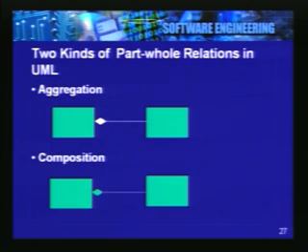When you are in doubt whether it's a part-whole relation where it's a stronger relation, where there is propagation of member functions, then you use composition, otherwise you can use aggregation. In aggregation, the part-whole relation is a little bit weaker.